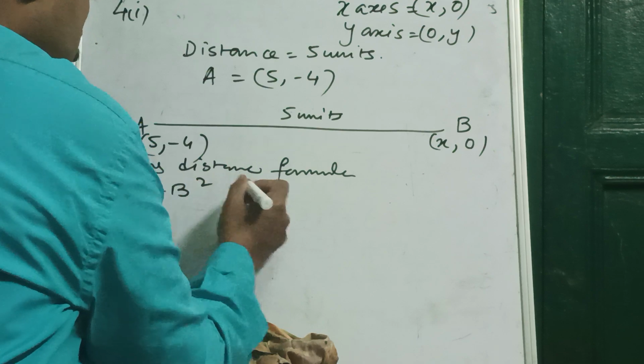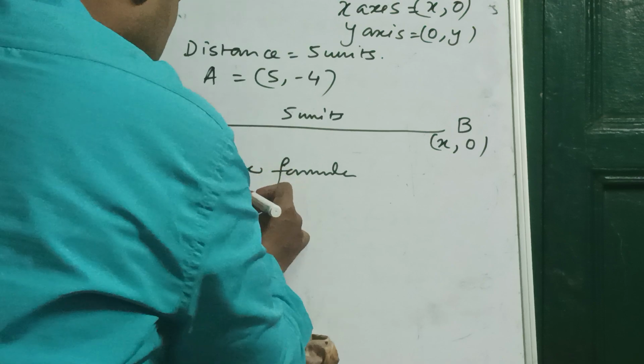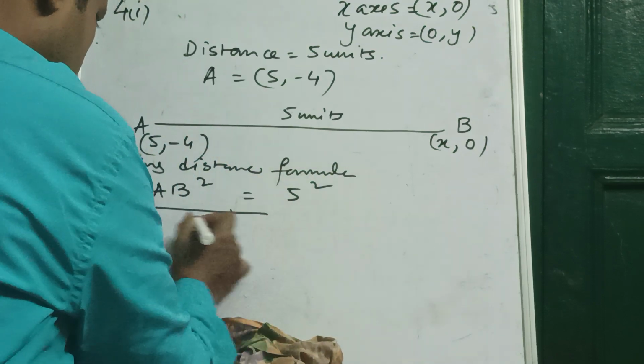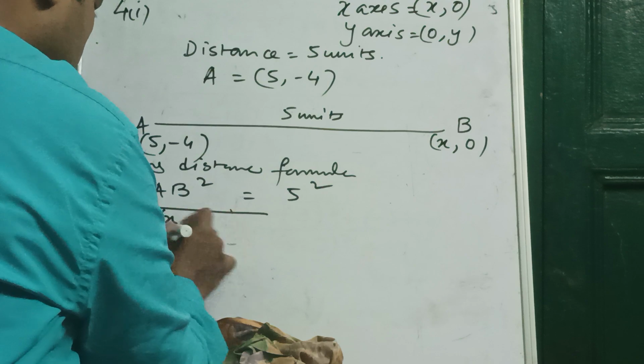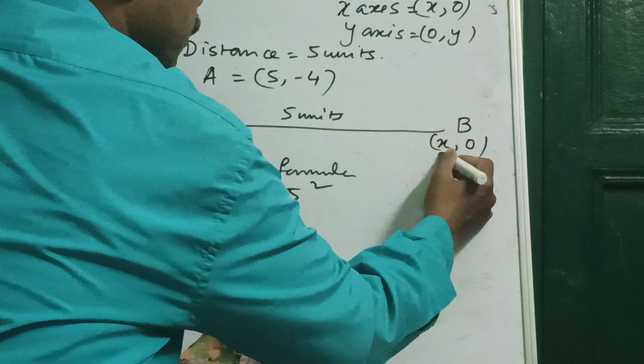Now by using the distance formula, AB square, first of all I do the squaring on both sides. AB square equals 5 square. AB means x minus 5. Why? Because this is x1 y1 and this is x2 y2.